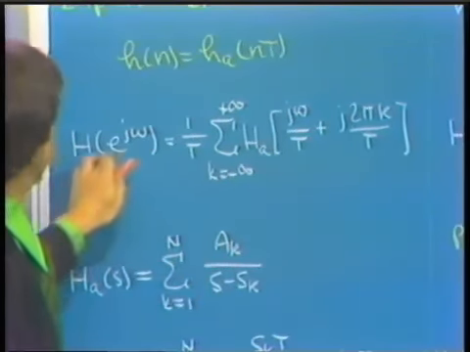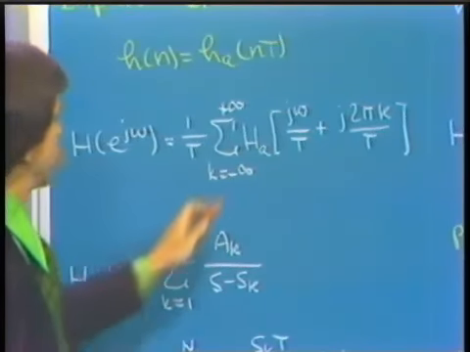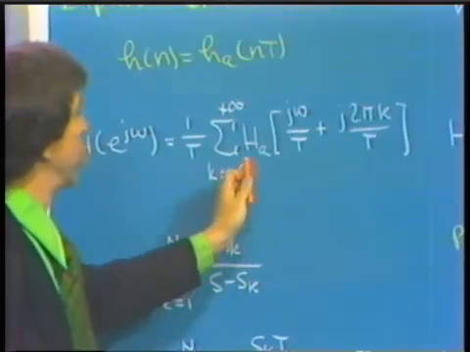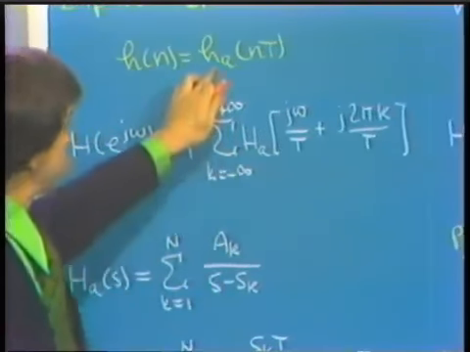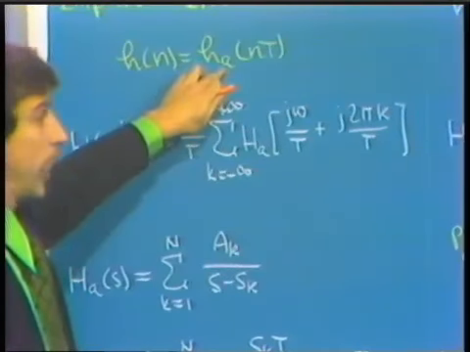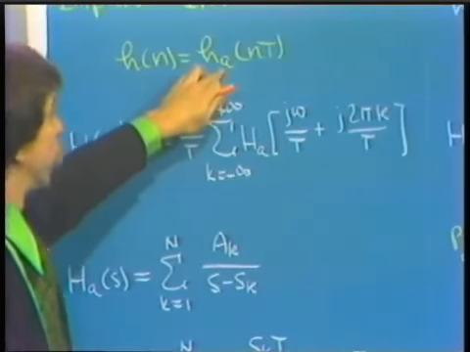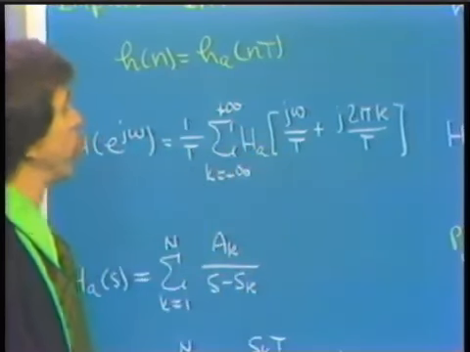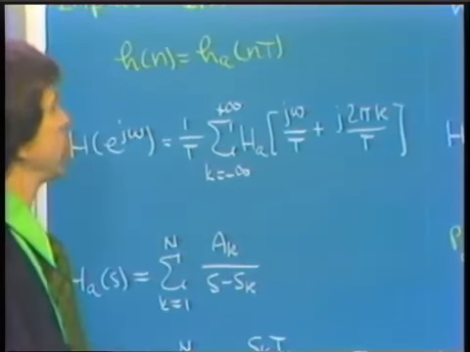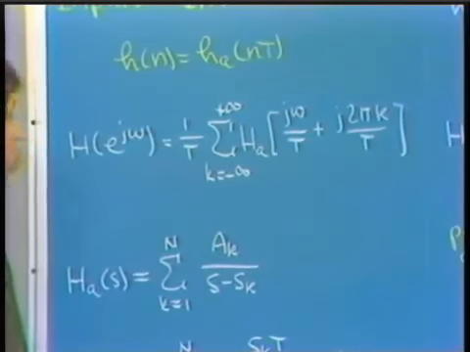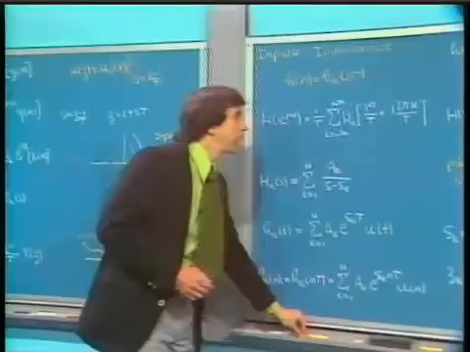That is, the digital frequency response is given by the sum that I've indicated here, which consists of scaled replicas of the Fourier transform of the analog filter, repeated over and over again with a spacing in little omega of 2 pi. Well, let's take a look at that in a little more detail.